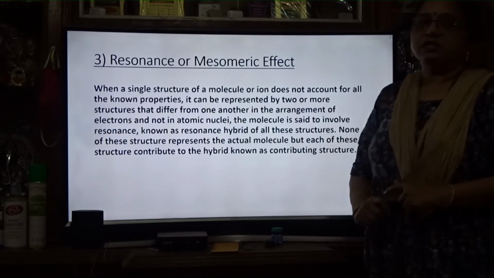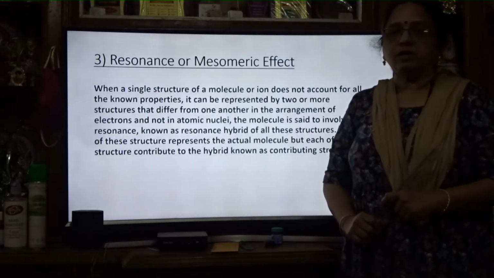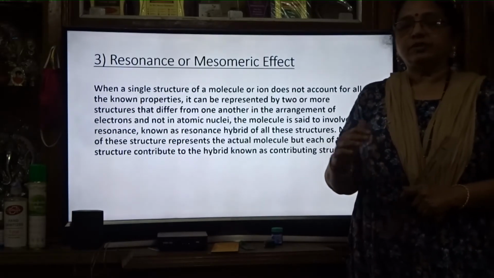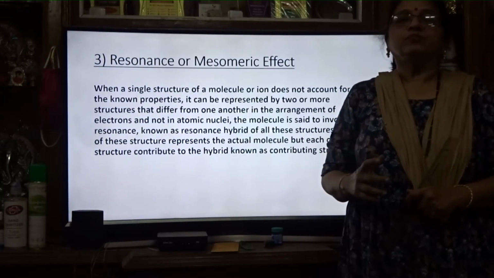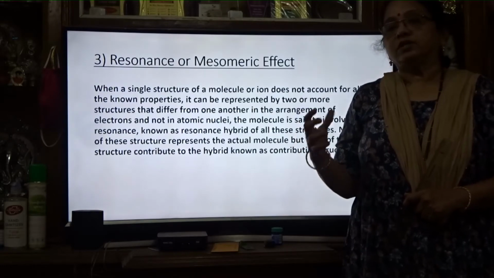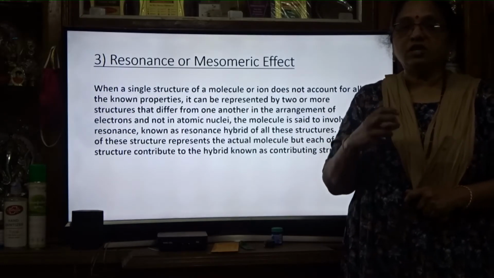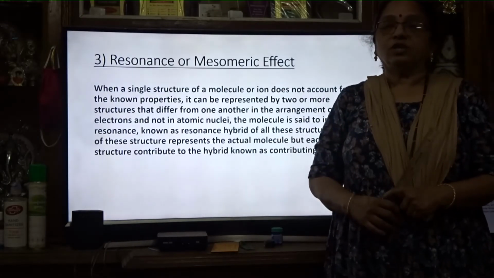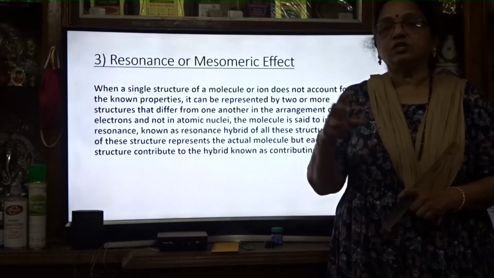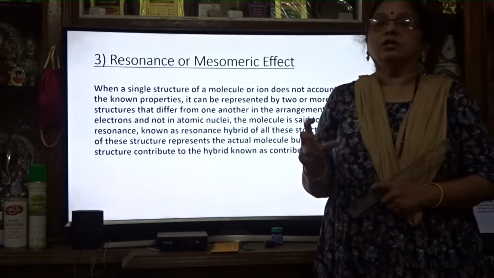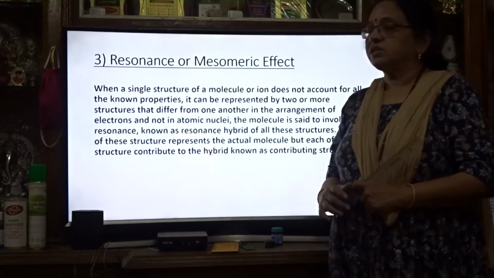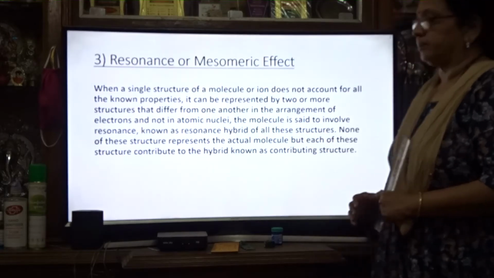So a single structure will not explain the structure of the molecule; it is represented by 4 or 5 structures. The actual structure is the resonance hybrid of all these resonance structures. This type of effect is known as resonance or mesomeric effect.